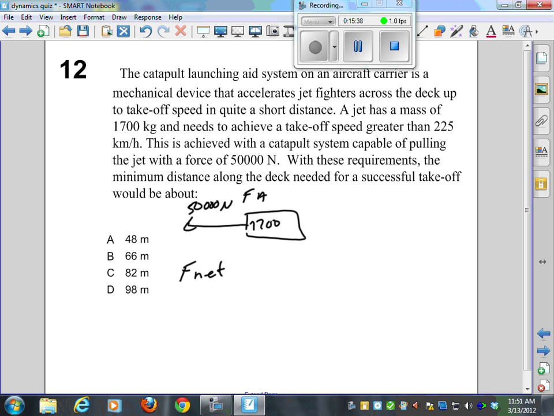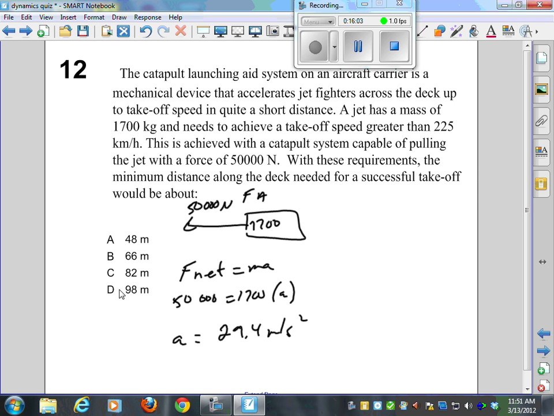So F net is equal to ma. 50,000 divided by 1,700. And what do you get? 29.4 meters per second squared. That is pretty fast acceleration.